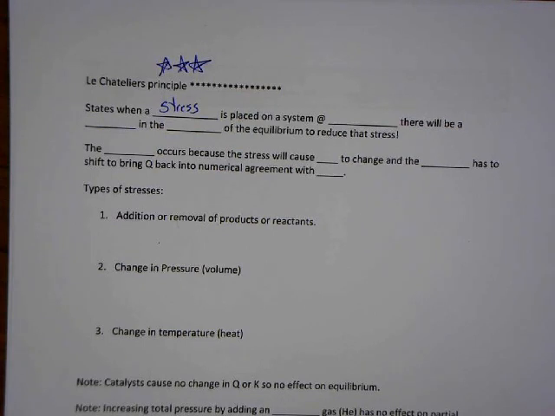So this Le Chatelier's principle states when a stress, all right, do you ever have stress placed on you? Never. Yes. When stress is placed on you, what do you do in your 5-minute journal every night, Molly? You journal, right? Because you're trying to get back to your equilibrium.